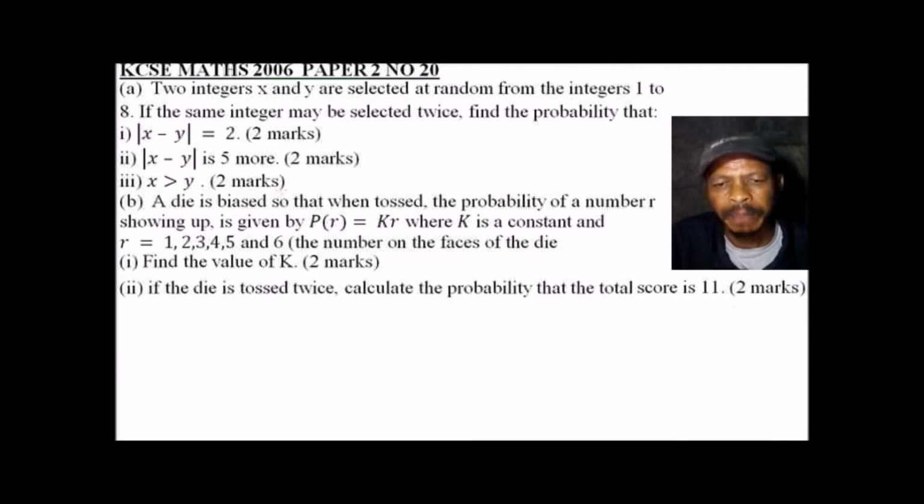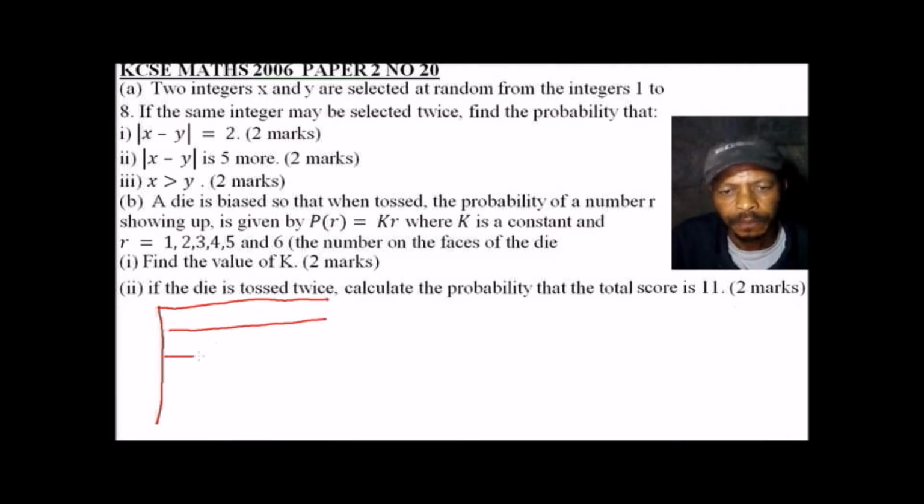I'll separate this question into two because parts A and B are not related, and also to save space. For part A, you can get these probabilities by drawing a table with horizontals and verticals, and you enter the numbers 1 to 8.